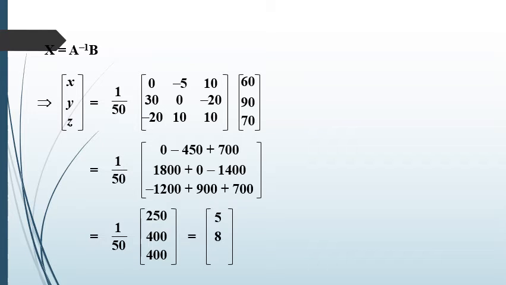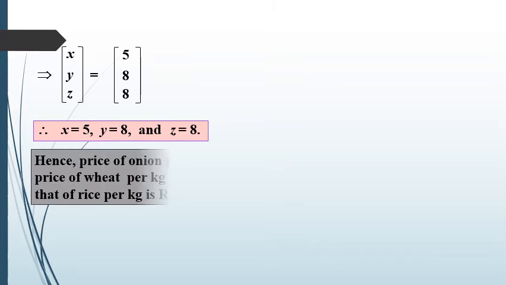So on simplifying, we get 5, 8, 8. So X value is equal to 5, Y value is equal to 8 and Z value is equal to 8. So the cost of per kg onion, wheat and rice are 5, 8 and 8.